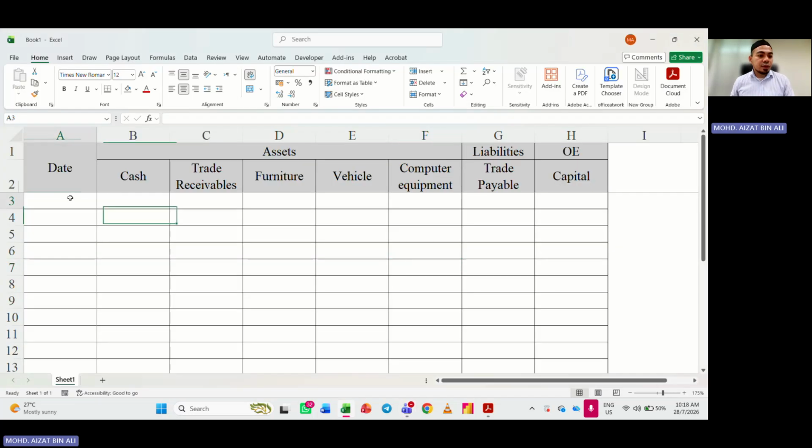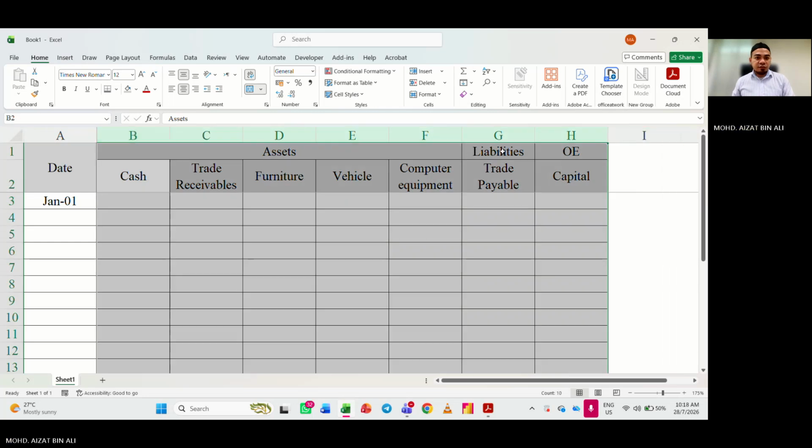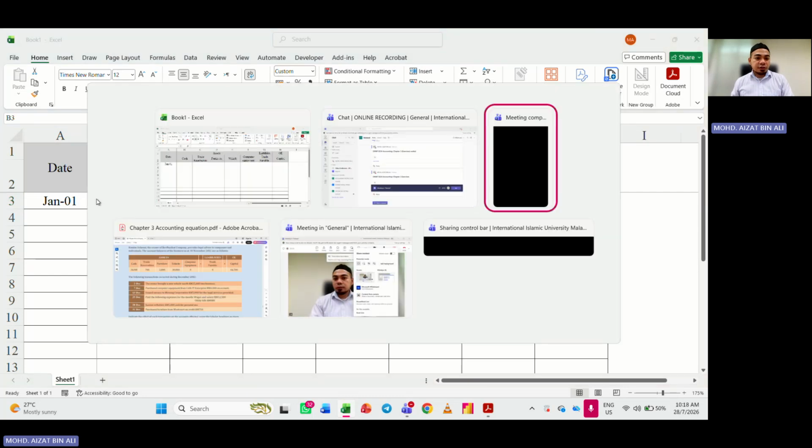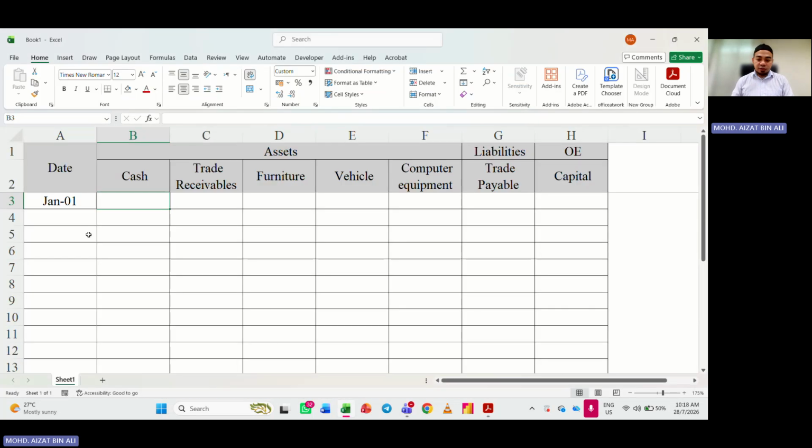Firstly, we have January 1st. For the balances, we always set the date on the first day of every month. So cash is 34,000 ringgit.